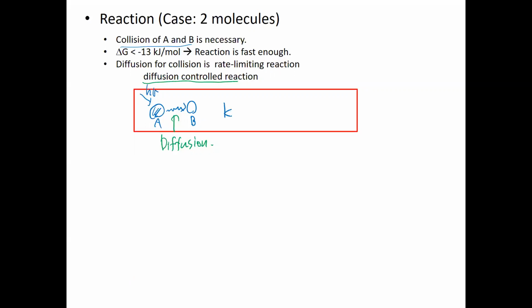And in this case, the reaction rate constant K is limited by an equation you could obtain from kinetic analysis, but I won't go into detail about this here. It's about 10 to the 10th per molar per second.